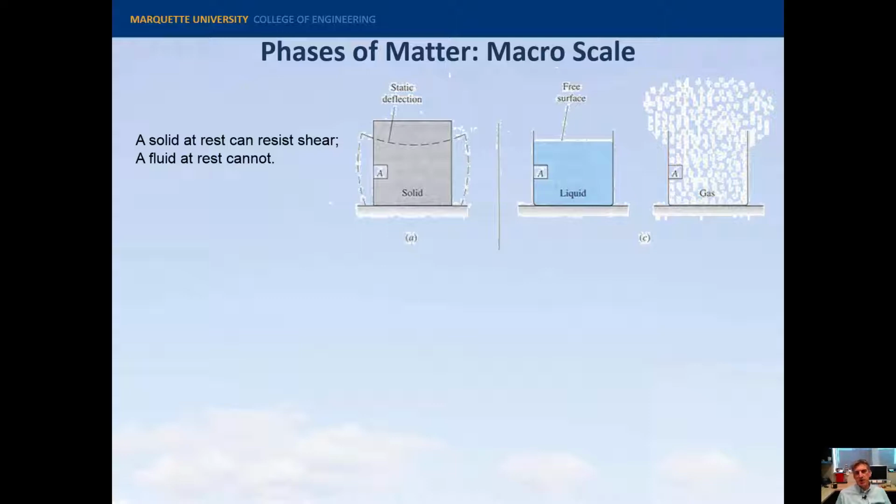Oftentimes, a distinguishing factor between solids and liquids and gases is the fact that a solid can support static shear stress, so it can support a static load. If I place a load on a solid, it will deform, as shown here by the dotted lines, but it will not necessarily yield to that static load.